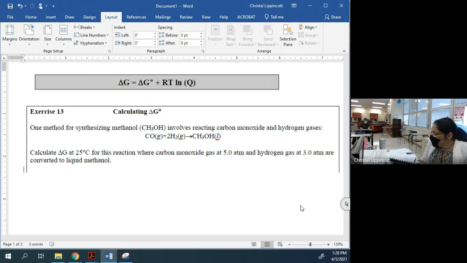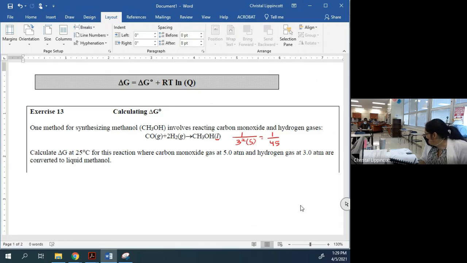That means this answer is going to be 1 over 3 squared times 5. That's our Q value. 3 squared is 9, 9 times 5 is 45, so this is 1 over 45.